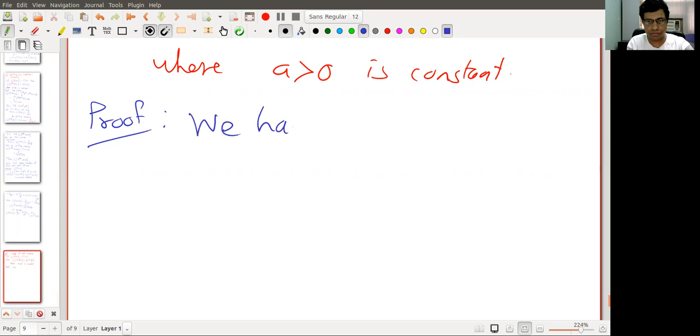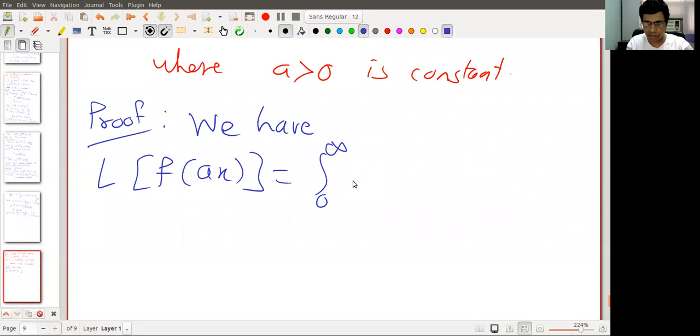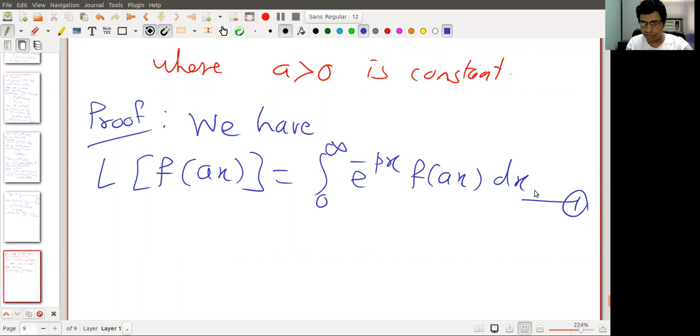We have the Laplace transform of f of x equal to integral 0 to infinity e raised to minus px f of x dx. We call this 1. Now we substitute z equal to ax.